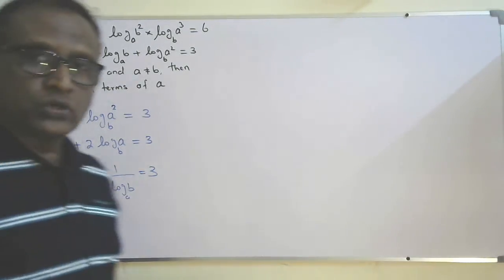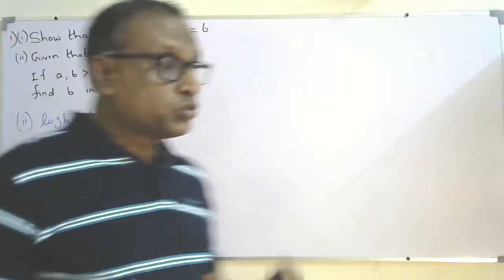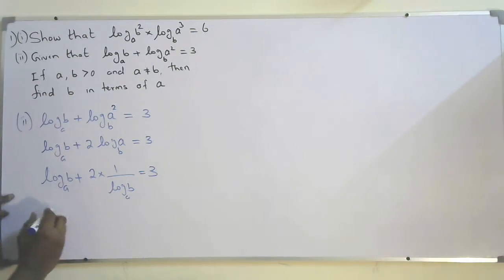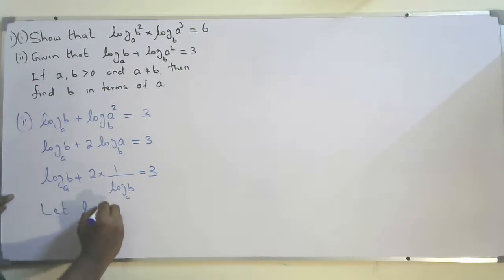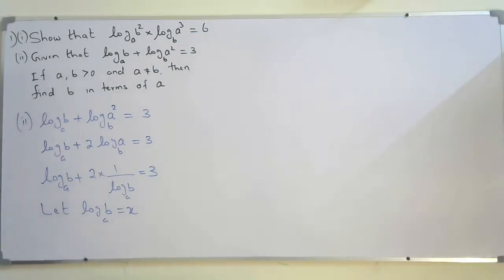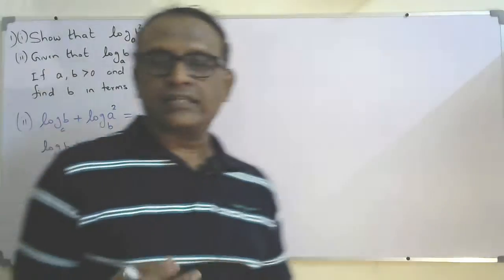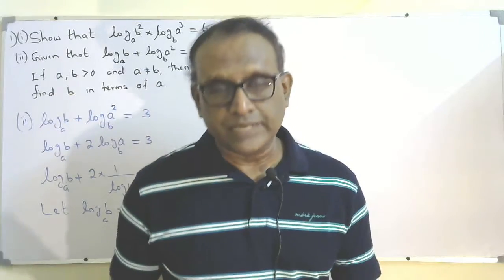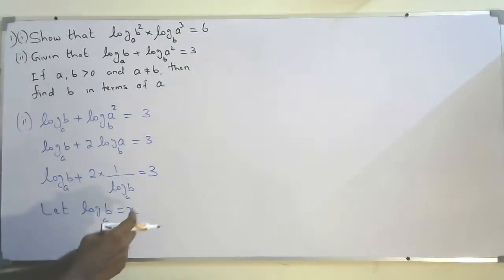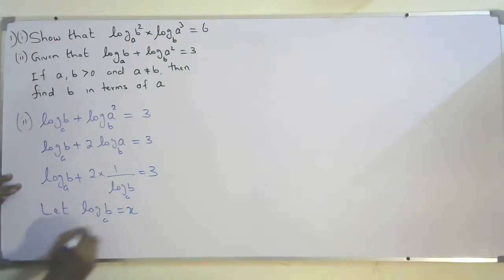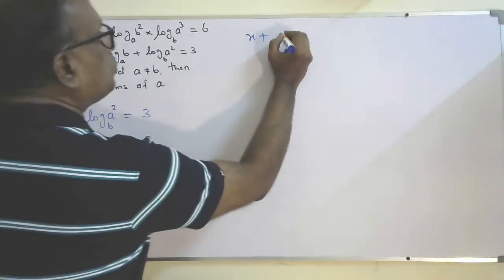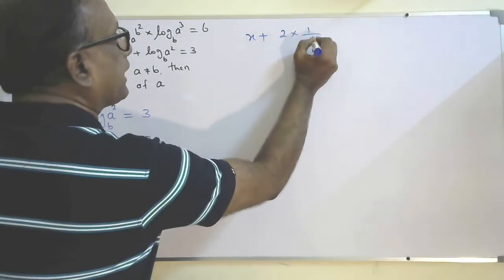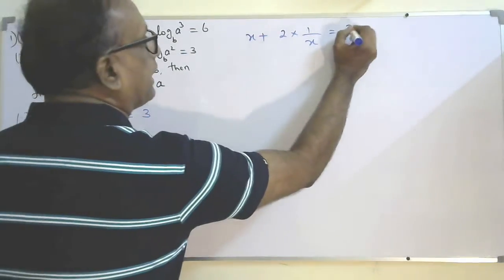Okay, so I'm going to write a quadratic equation. Based on that, I can say let log a of b equal x. Easy for substituting like that rather than keeping it as log a of b. So this I can write as x plus 2 times 1 over x equal to 3.